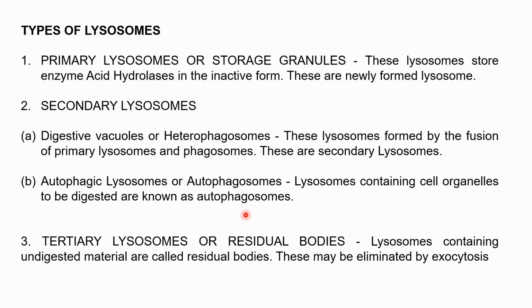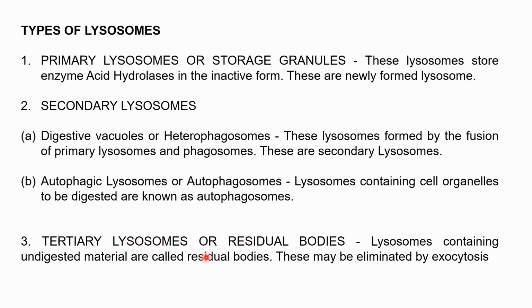For example, to make it clearer, if the lysosome helps in the digestion of its own cell organelles, it leads to the formation of an autophagosome. While if it fuses with the phagosome and helps in the digestion of the food molecules that are taken up by the cell by the process of endocytosis, it leads to the formation of heterophagosomes.